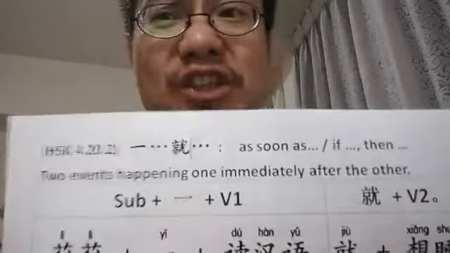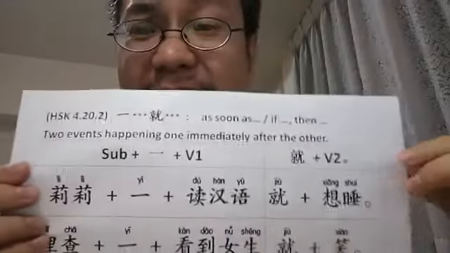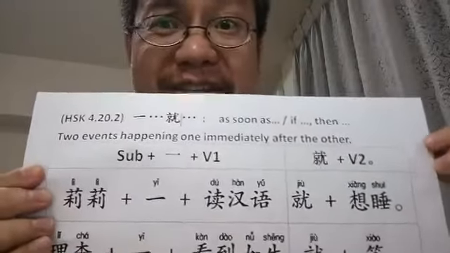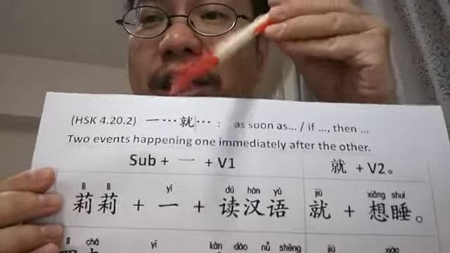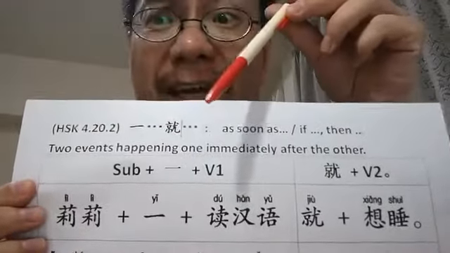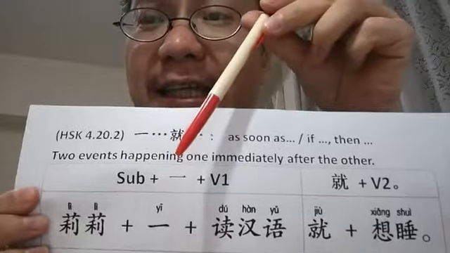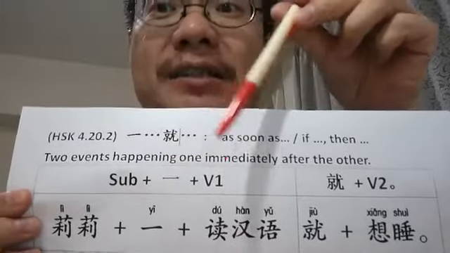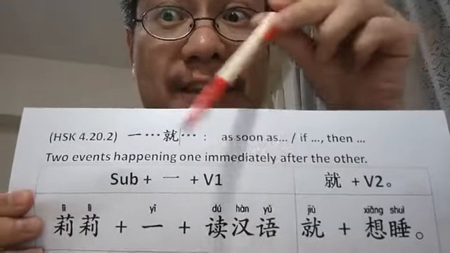So let me give you some example sentences. I hope you can see my handout clearly. The sentence pattern is subject, then 一, then verb 1. I'll say that again.